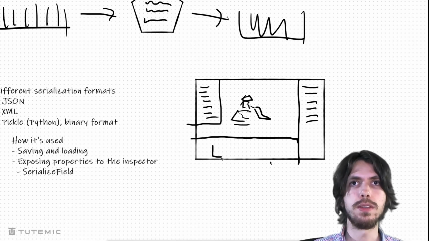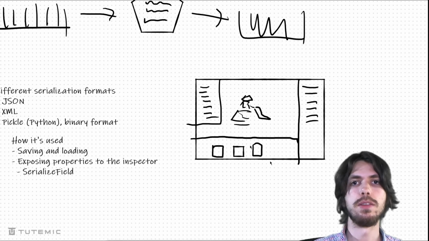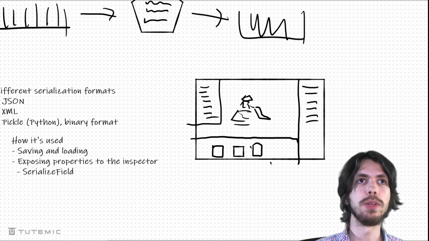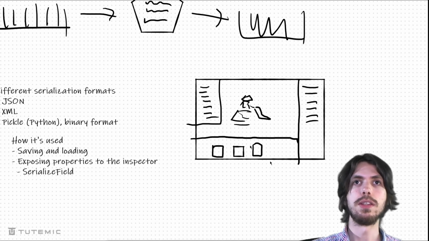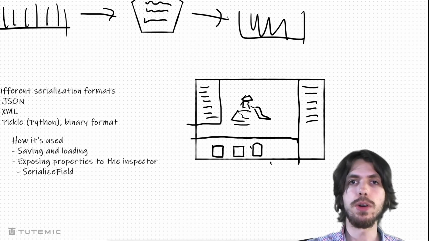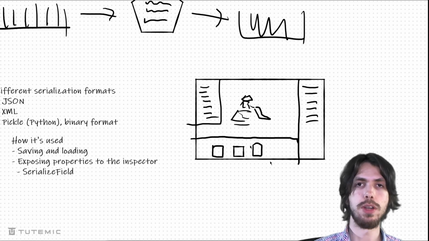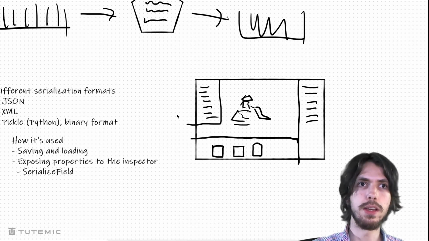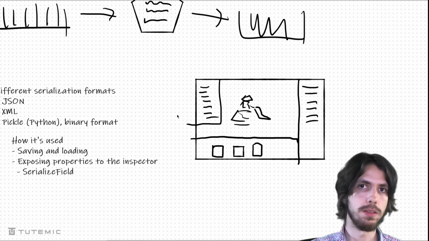So if you have these scenes, a scene here and a scene here and a scene here inside of your content browser, the scene essentially serializes these objects in some kind of default state. All of the objects that exist inside of your hierarchy are serialized in the form that they exist in this scene file, right?